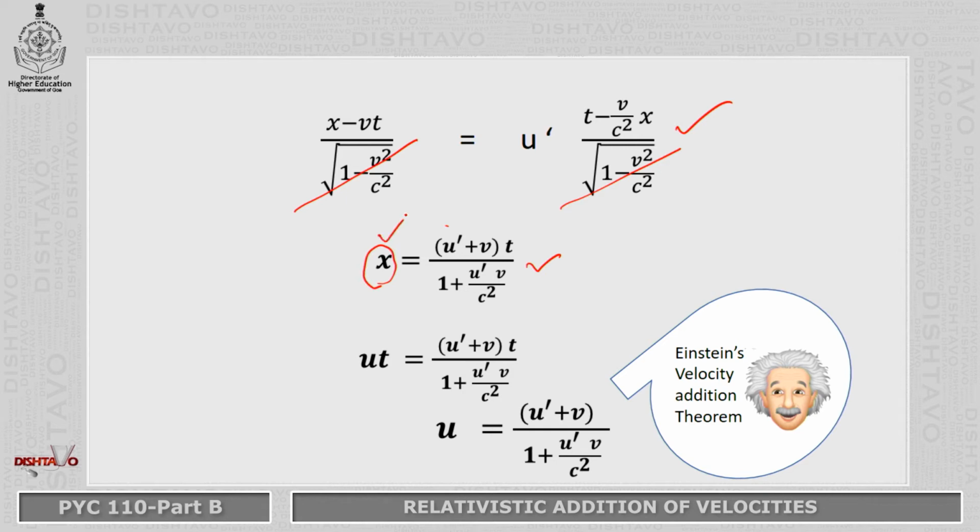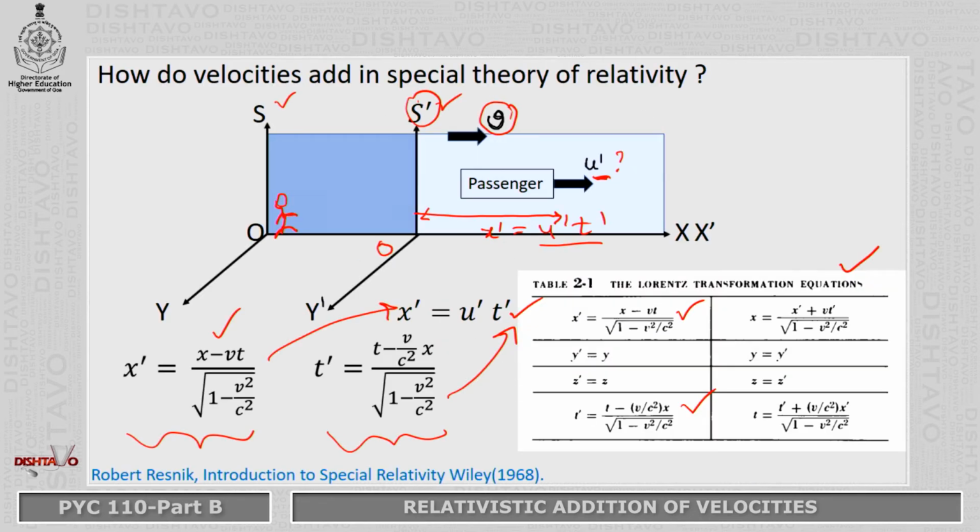X is the displacement of the same object, the passenger, relative to the observer in S frame. So, what is the velocity he is going to measure, say u, and how much time he is recording, t.